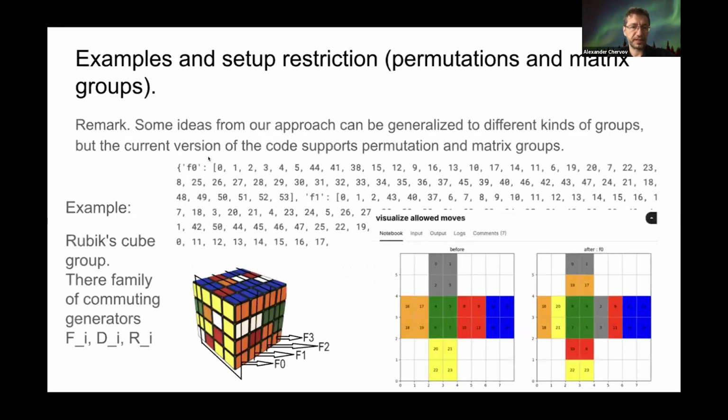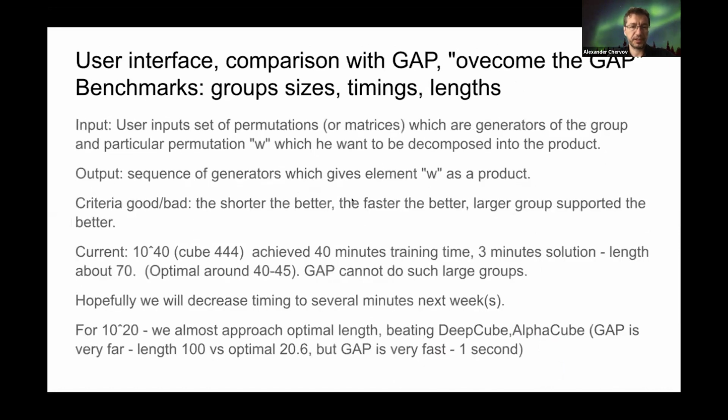For example, here the user inputs permutations F0, F1, just explicitly given, and another permutation W. The output of our system should be a sequence of generators such that the product gives the element.